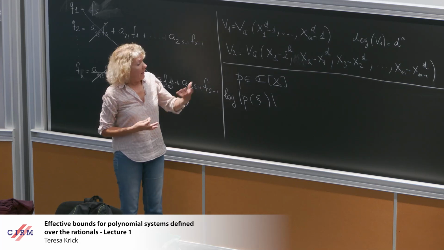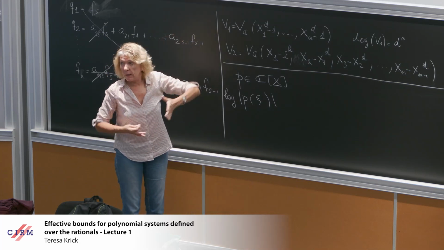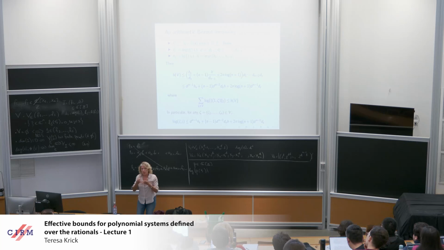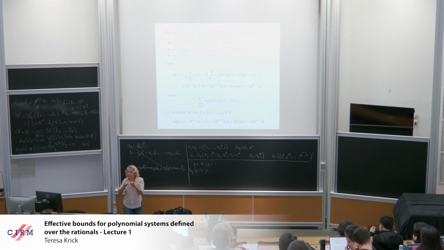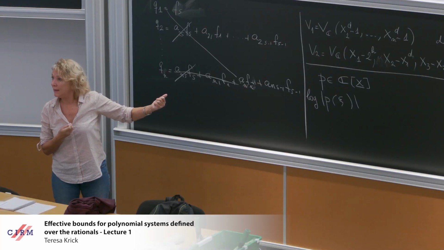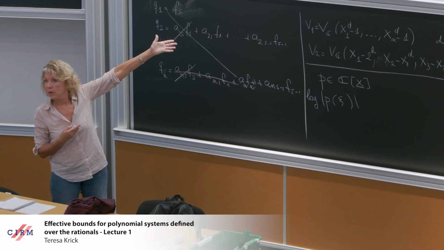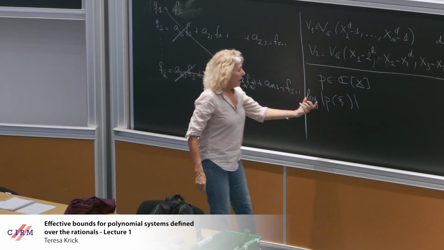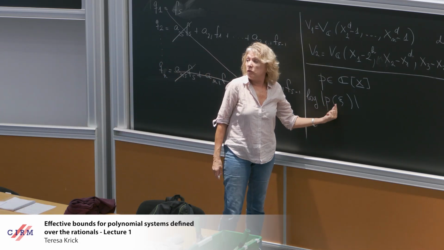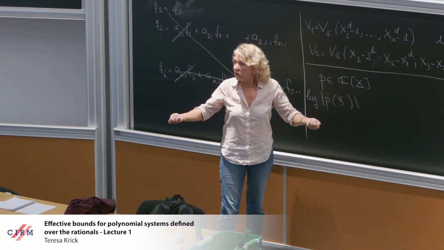So once we have that, we can derive upper bounds for the logs of any polynomial evaluated in the roots of my variety. And the bounds we obtain will depend on this, because this polynomial will have its own height, its own degree, and we just make the computation.